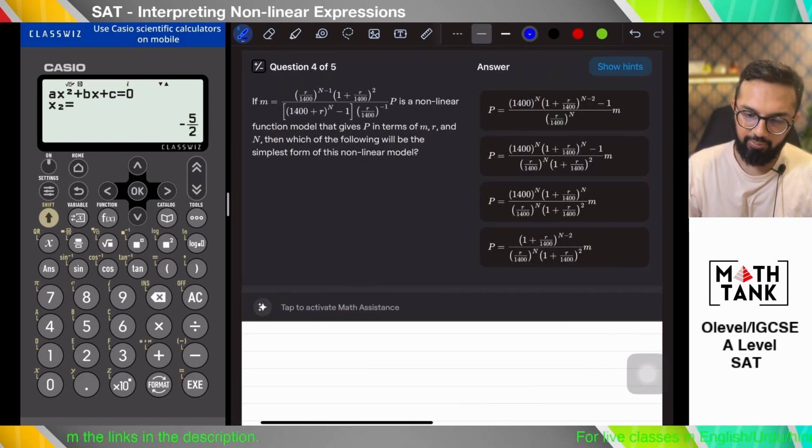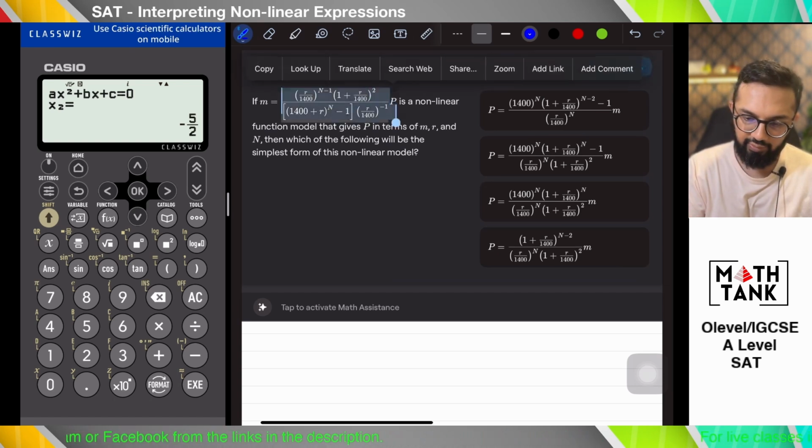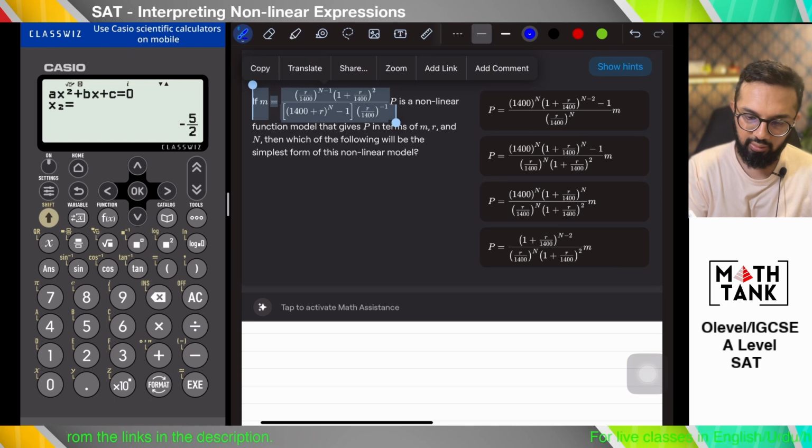Very complicated expression. P is a nonlinear model, and which of the following will be the simplest form of this nonlinear model? Okay, let's see what I can do. Do I see powers that are the same? Yes, I see that. I don't know if I can copy this here.